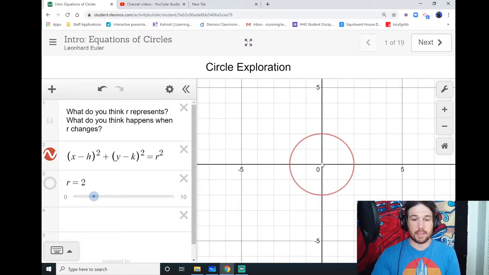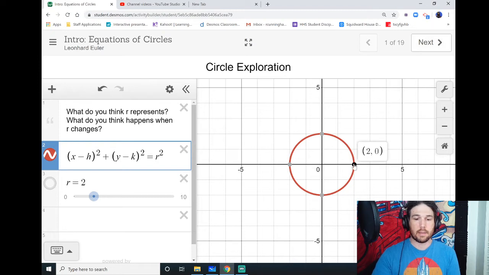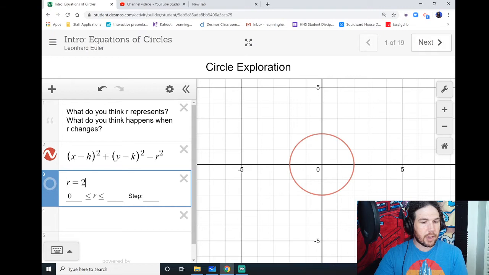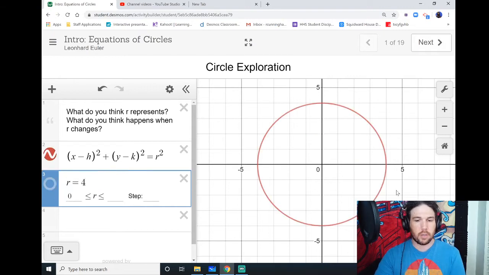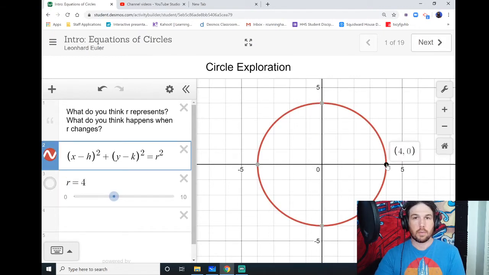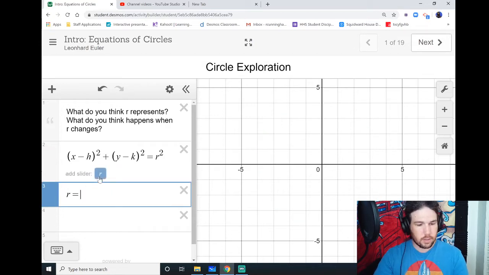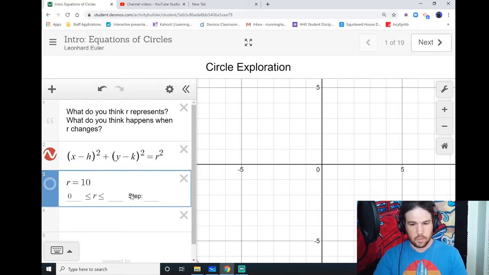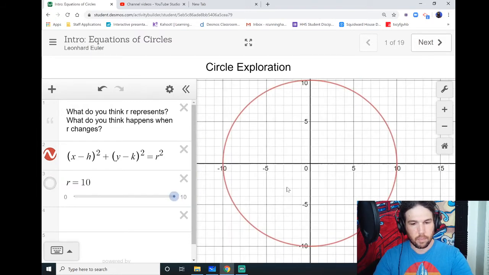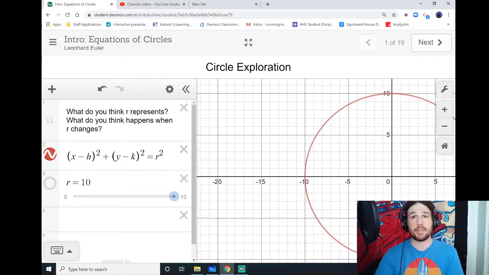It's centered at 0, 0. And there's the radius. Its radius is 2. What if I made r 4? Well, now the radius is 4. What if I made r 10? Well, now I can't see it at all because it's too big. But hey, look, it does have a radius of 10.